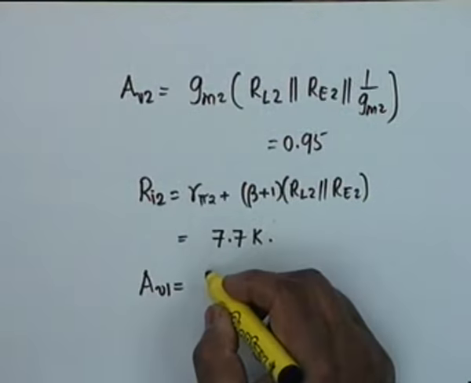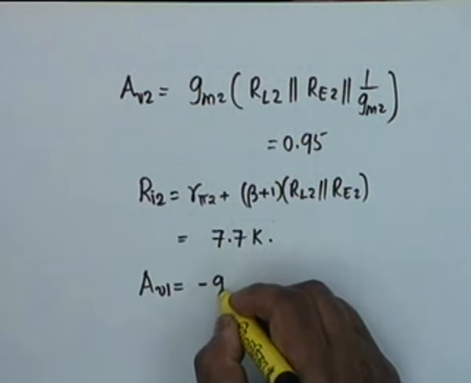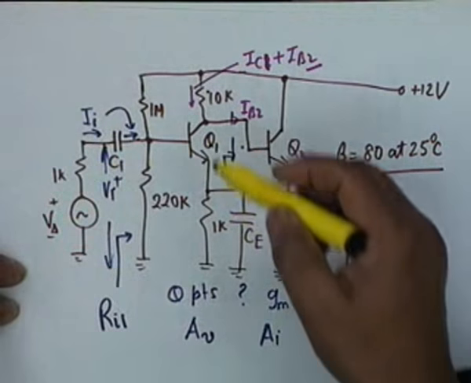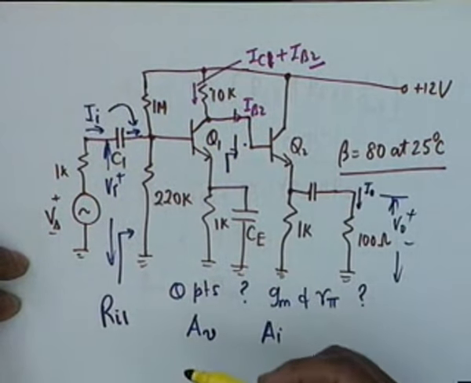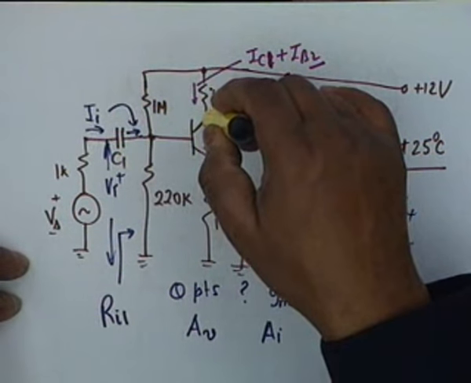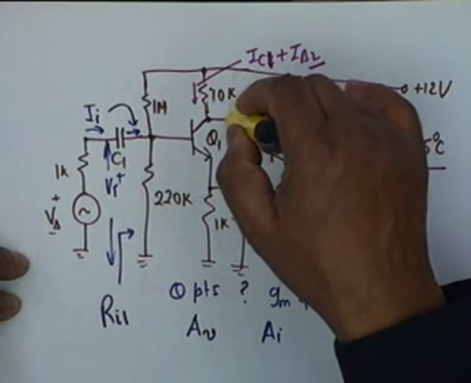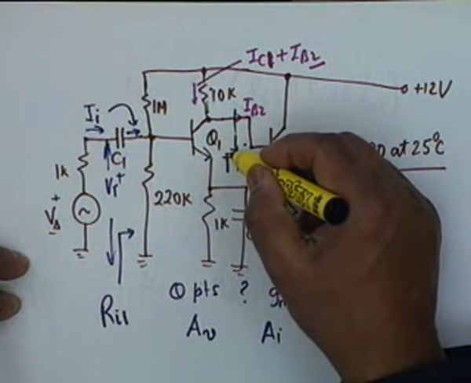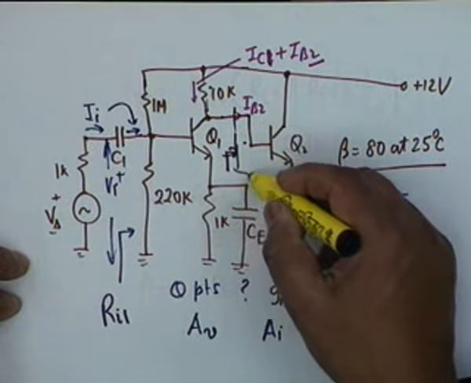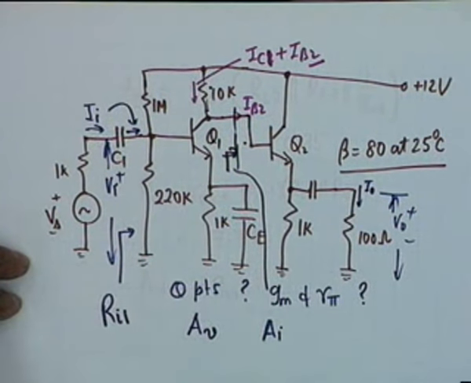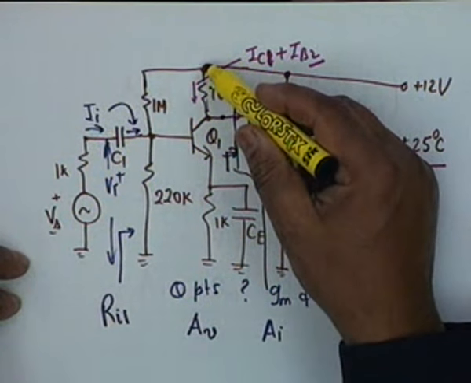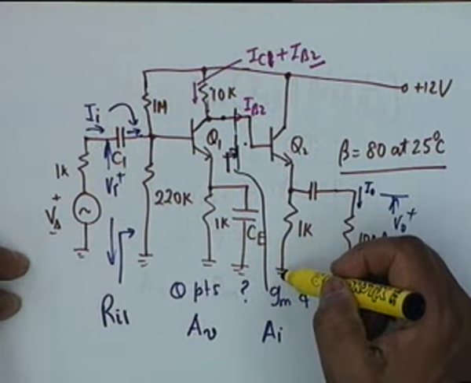I want to find out the gain of Q1, and the effective load of Q1 is 10K in parallel with what it faces from the second transistor, that is Ri2, which I had already calculated as 7.7K. How is that in parallel? From this point to ground I have two paths, one is 10K and the other is through this.